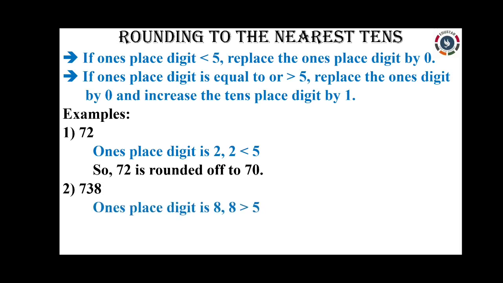If the ones place digit is greater than 5, then replace the ones place digit by 0 and increase the tens place digit by 1. So replace 8 by 0, 3 by 4. So 738 is rounded off to 740.